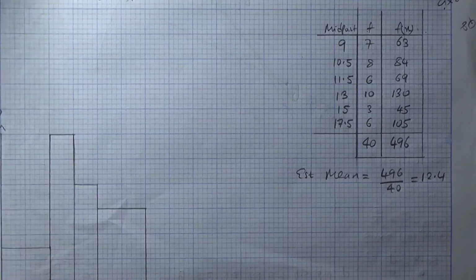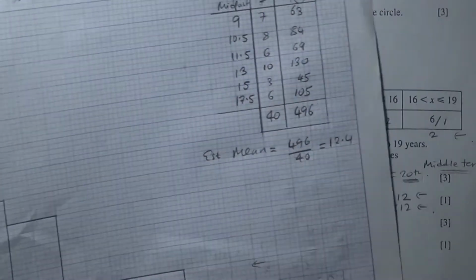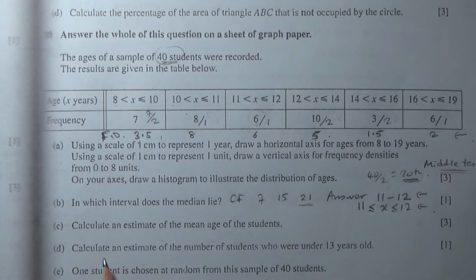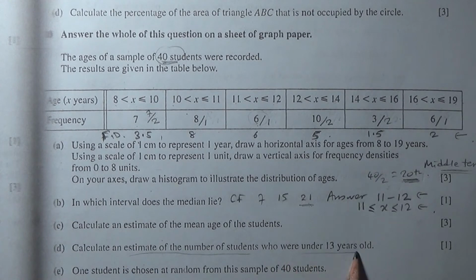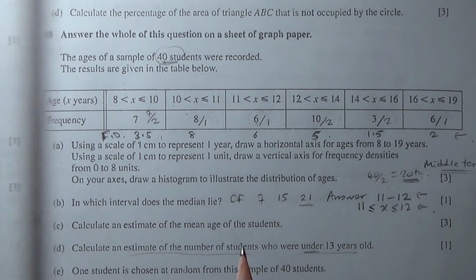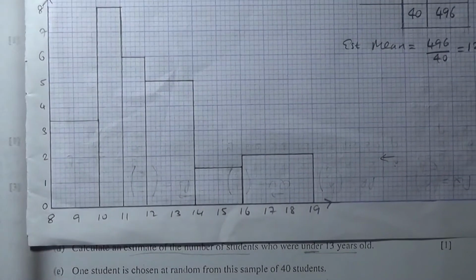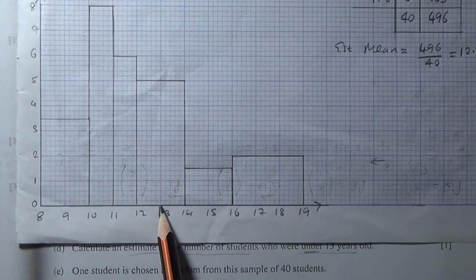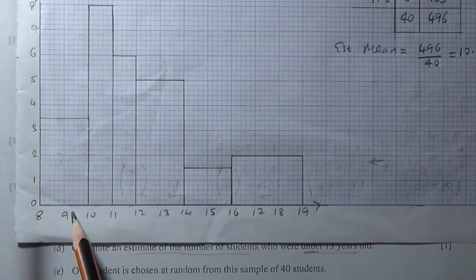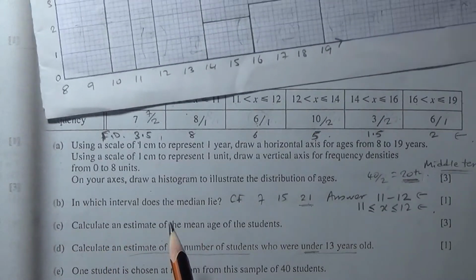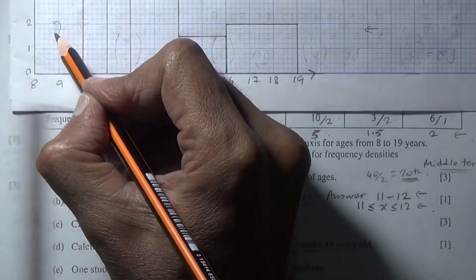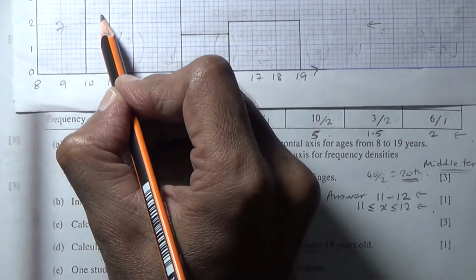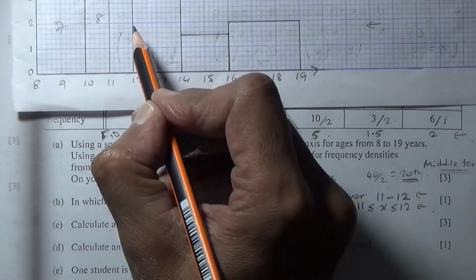Now, an estimate of the number of students who were under 13 years old. If you look at the diagram, 13 is here. From here to here we've got no problem. These values have been given in the question. This one is 7, this one here is 8, this is 6.